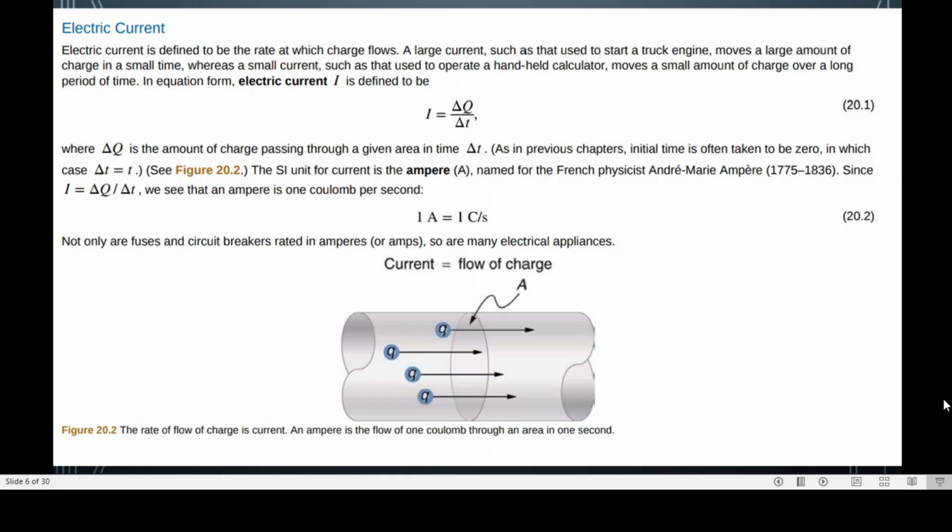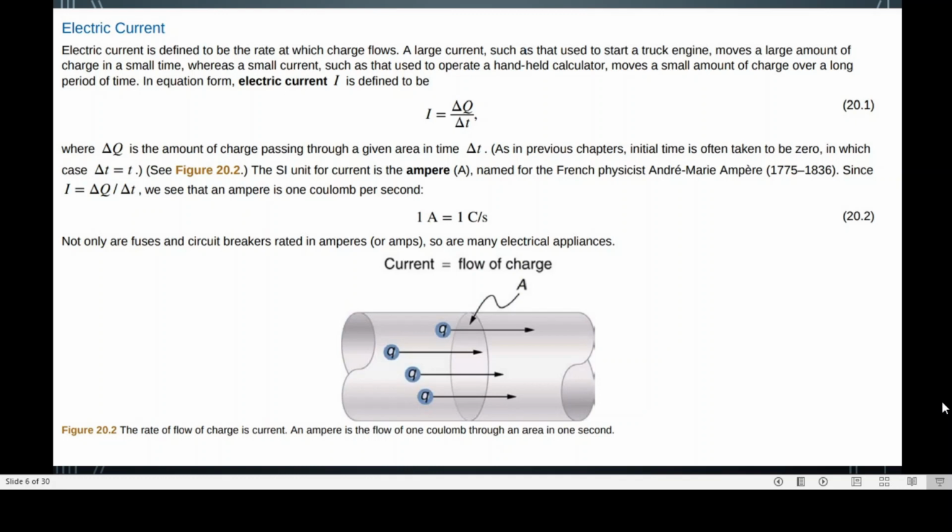If a net charge Q flows across a cross section of a conductor in time t, then the current I through the cross section is I equals Q by t. This is the formula for the current, where delta Q is the amount of charge passing through a given area in time delta t.